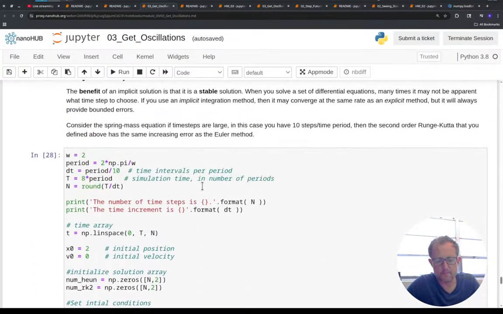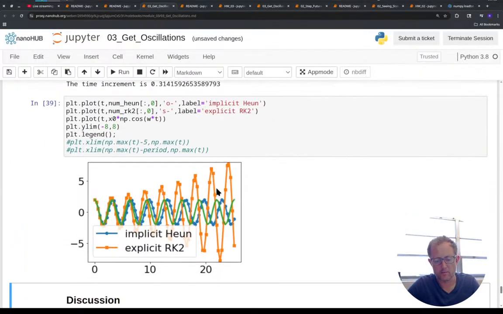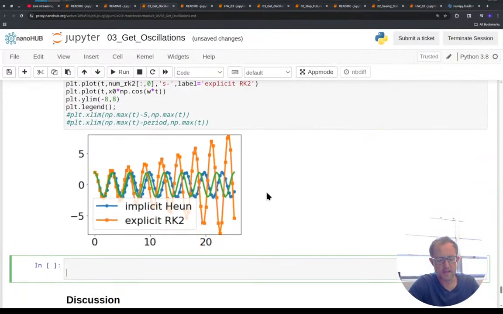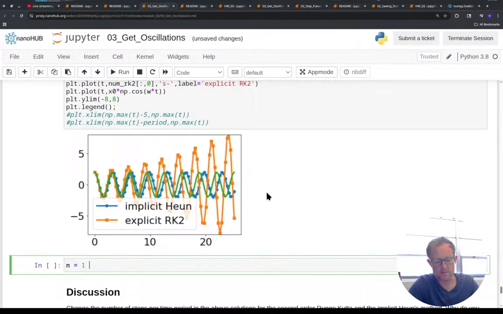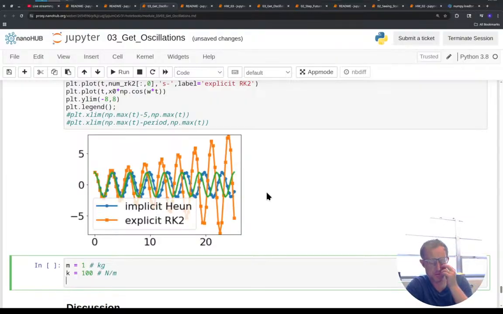And all right, so we have this implicit method, it's running. I can look at the results, but let's say that the mass is 1 kilogram. Should comment that. And K is 100 Newton per meter. Or wait, I can't do that.